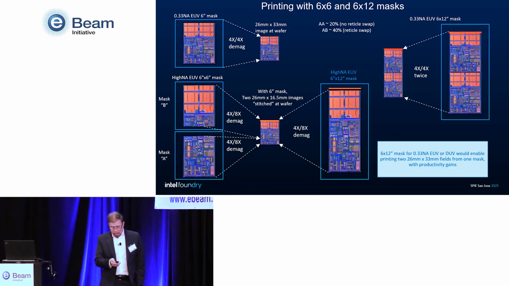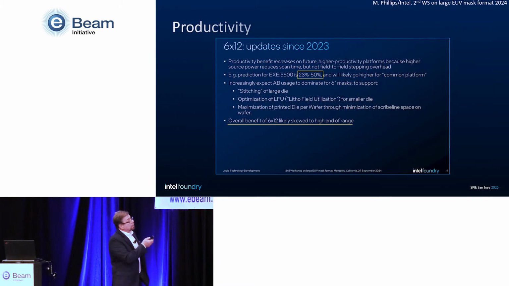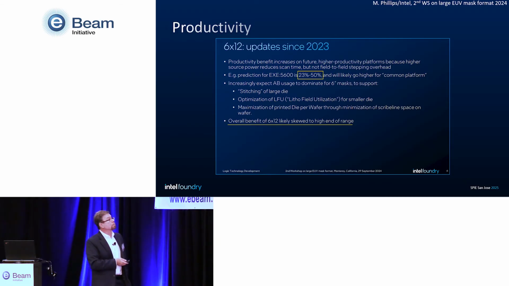So the argument is quite valid, and you can't just imagine something, you have to go and validate it with industry leaders and see if it makes sense. So I borrowed this from Mark Phillips, our fellow at Intel, and he presented this. He presented twice, actually. He presented in 23, and he had some estimates for the throughput.